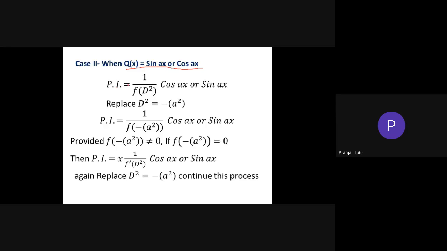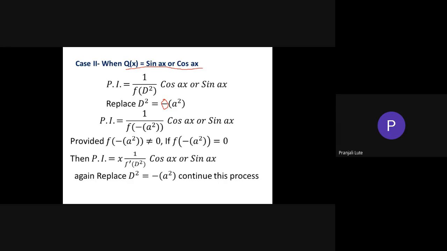Particular integral equals 1 upon f of D square into right hand side cos ax or sin ax. In this case, you have to replace this D square by minus of a square. Look here, the minus sign is outside and the a square term is separate, not minus a whole square.